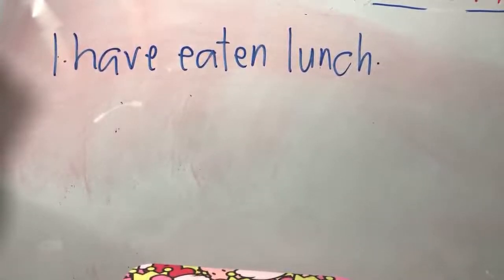I have eaten lunch, it means saikin. Before the time that we are, for example, talking now, right? And then you ask me, teacher, have you eaten lunch yet? Actually, I've just eaten lunch. Saikin.